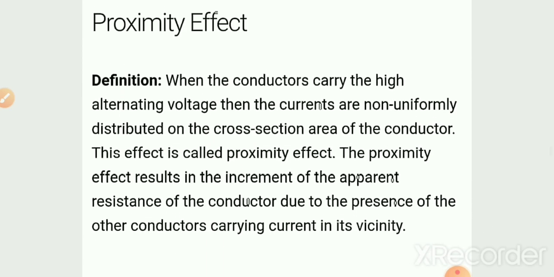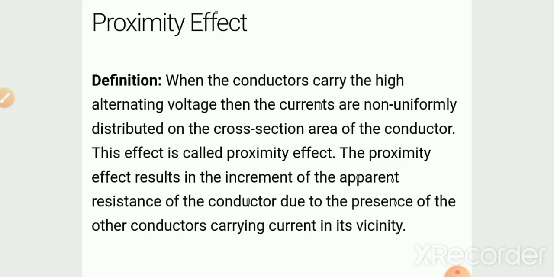Now the second effect is the proximity effect. When a conductor carries a high alternating voltage, then the current is non-uniformly distributed over the cross-sectional area of the conductor. This effect is called the proximity effect. It means when the conductor carries alternating current, there is an alternating flux.